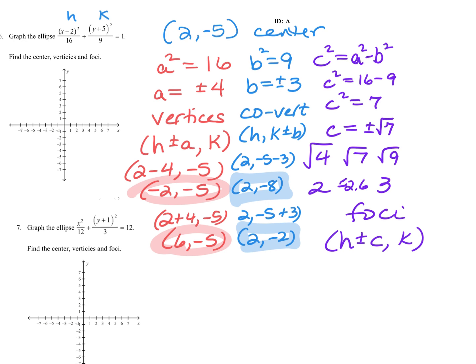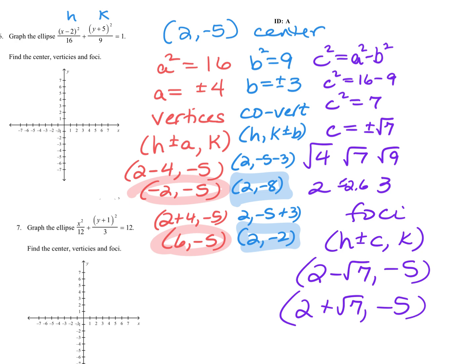So then my h was 2, and then this is comma k, and k was negative 5. This is how you're writing it. If you want to put plus minus, that's fine, or you can write them individually. And these are your focus points. I don't want to see the approximated decimal when you write it on the line. Leave it in radical form.